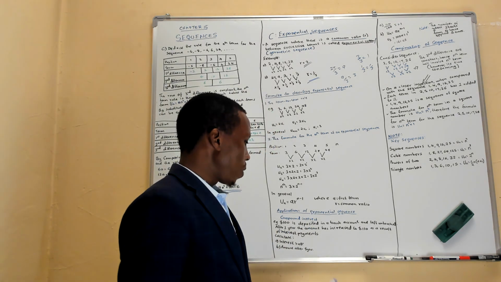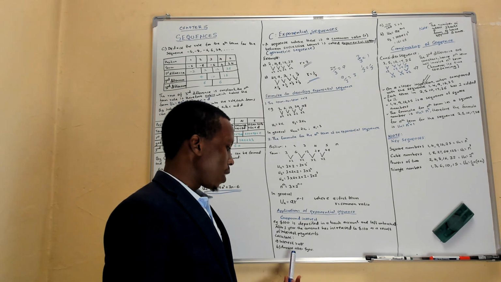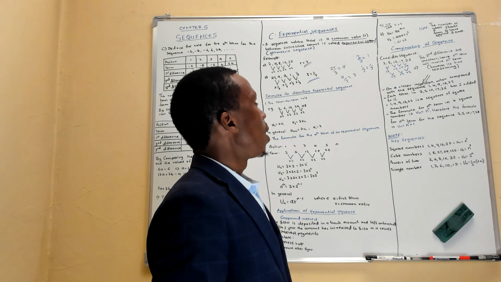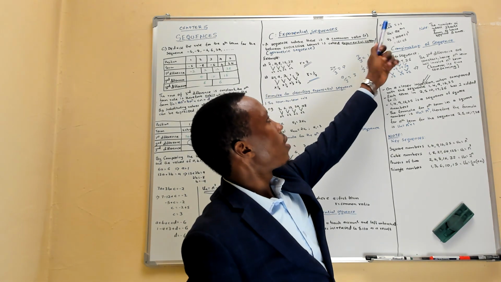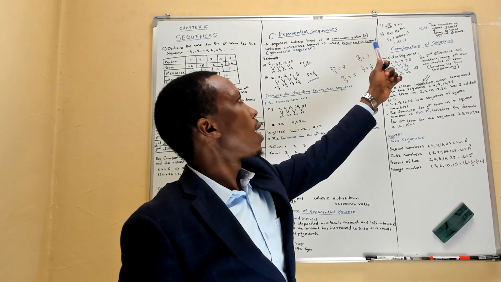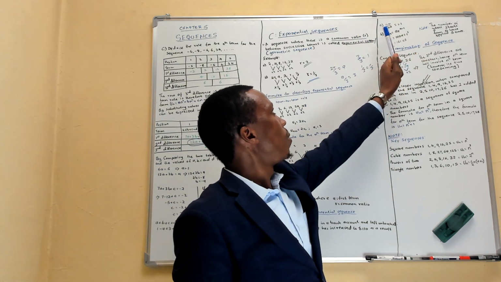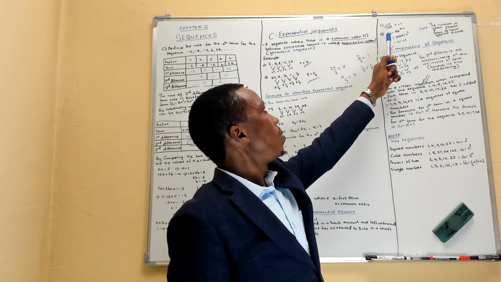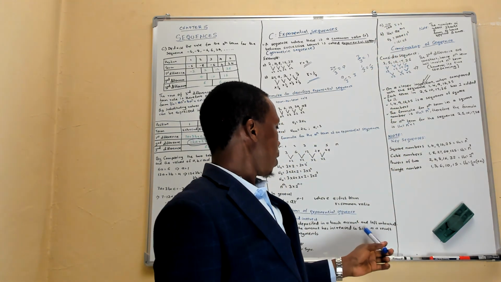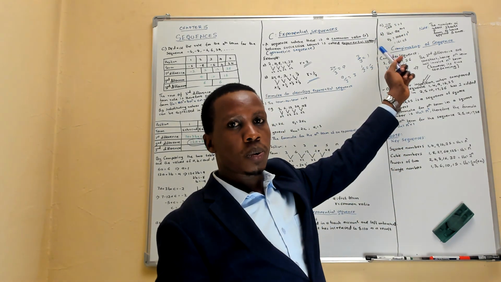Now, to calculate the interest rate and the amount after 5 years, you say that the ratio is equal to the successive amount divided by the principal, or rather the first value. So if I divide 110 by 100, I get 1.1.